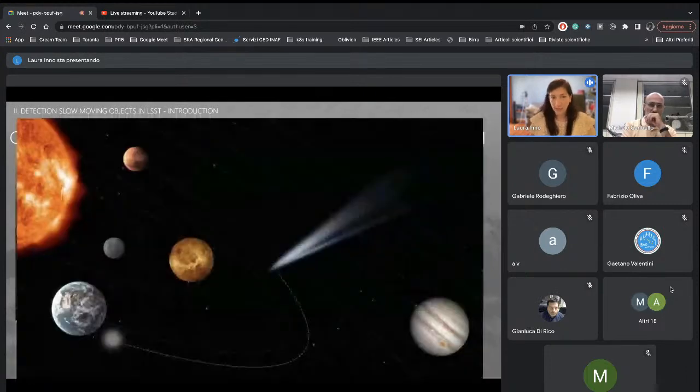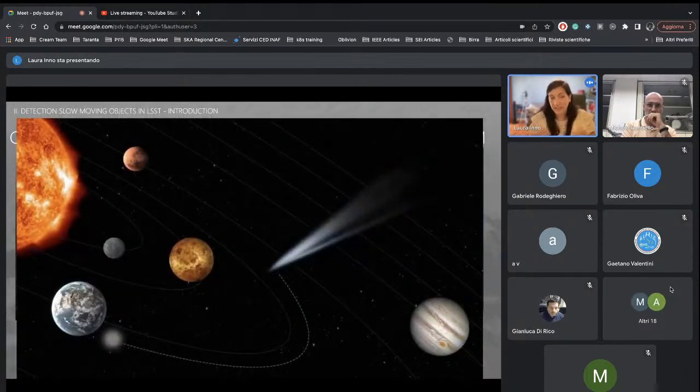And that's exactly the reason why this is the goal of the Comet Interceptor mission. So we want to visit a dynamically new comet or an interstellar comet, because we want to visit an object that is relatively less evolved with respect to all the comets we have visited before, trying to understand how the solar system was formed, and in general, how planetary systems formed.